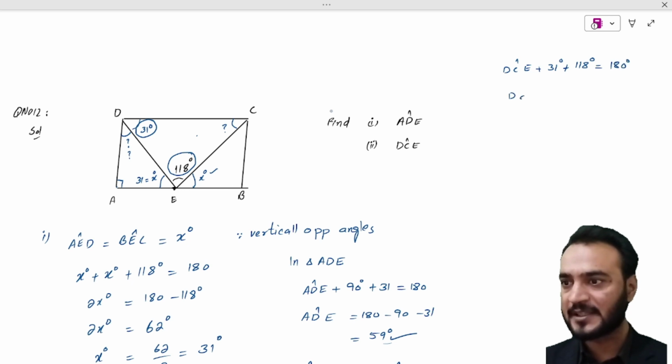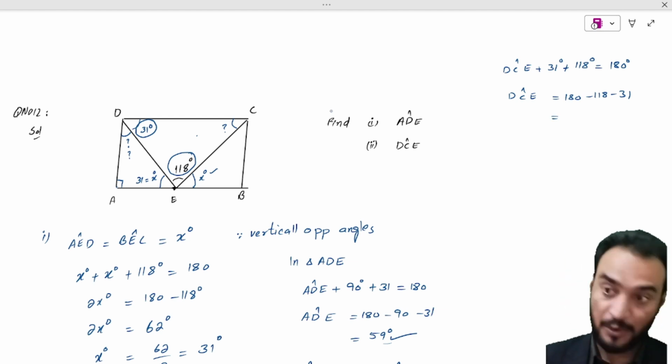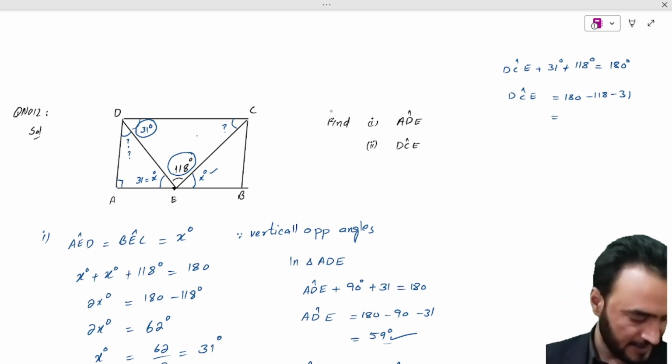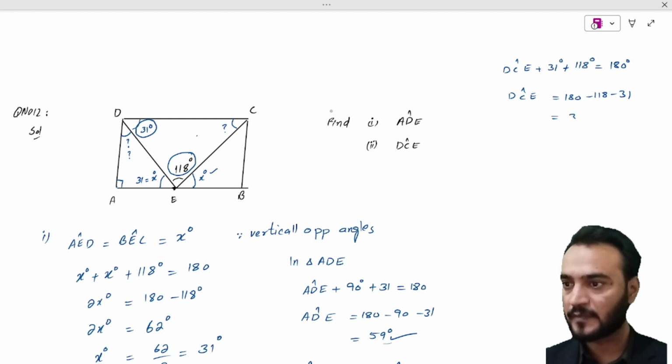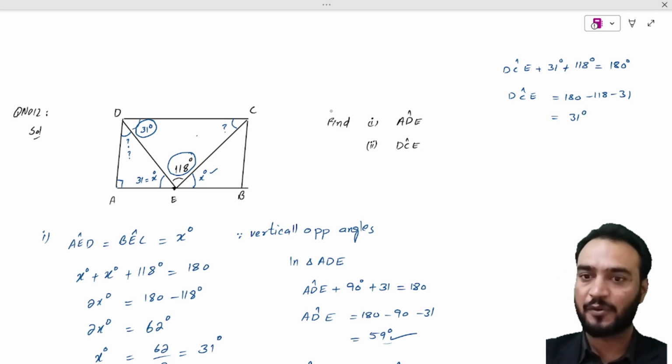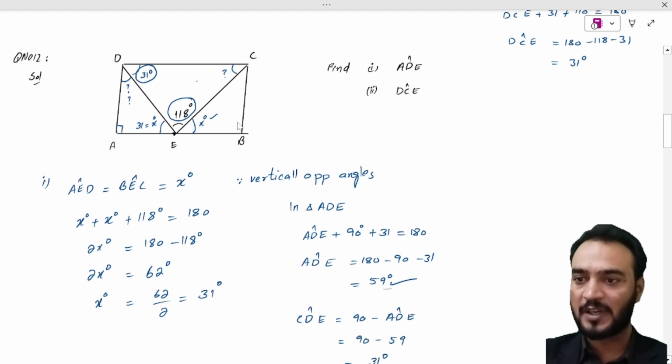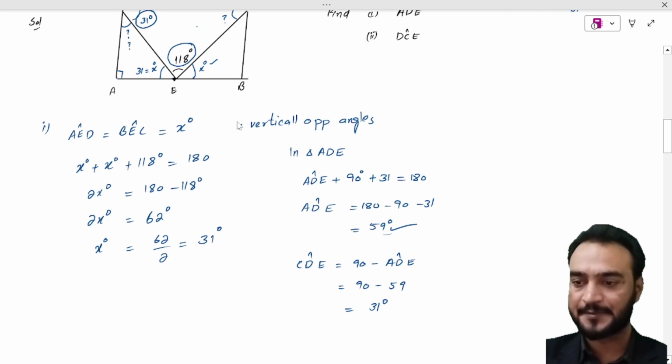So DCE is equal to 180 minus 118 minus 31. Subtracting these two angles from 180, we get the value of DCE, and that is equal to 31 degrees. This angle is equal to 31 degrees. Hence the answer of question number 12. Now we will solve the question number 13.